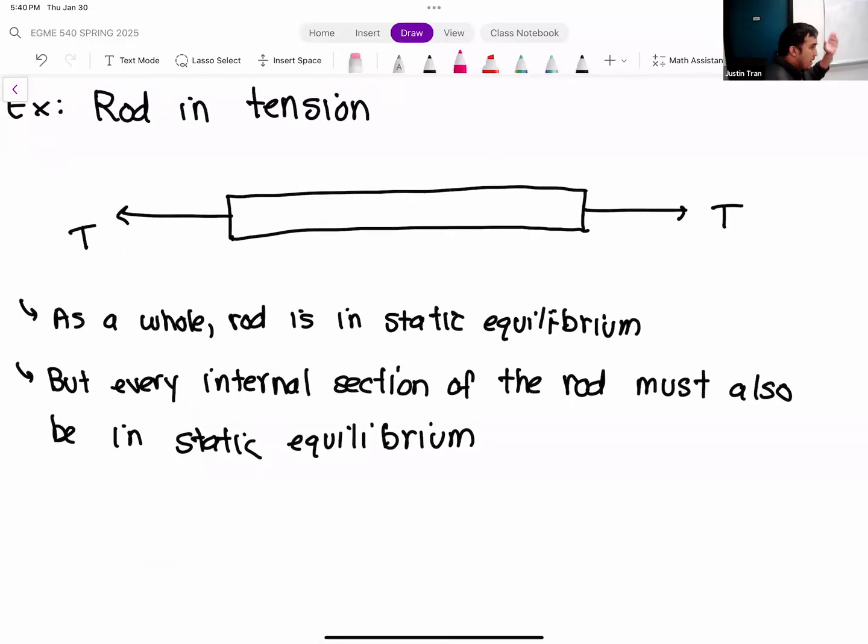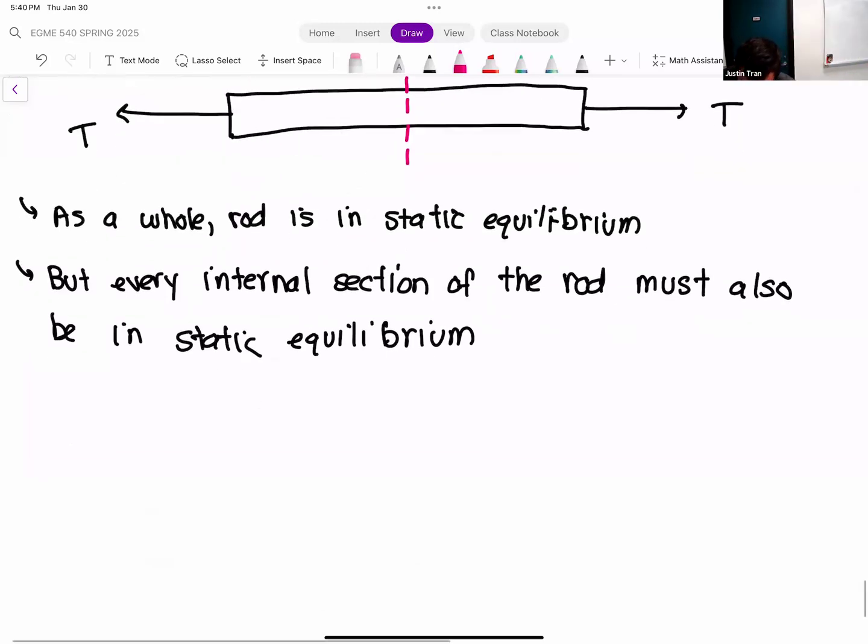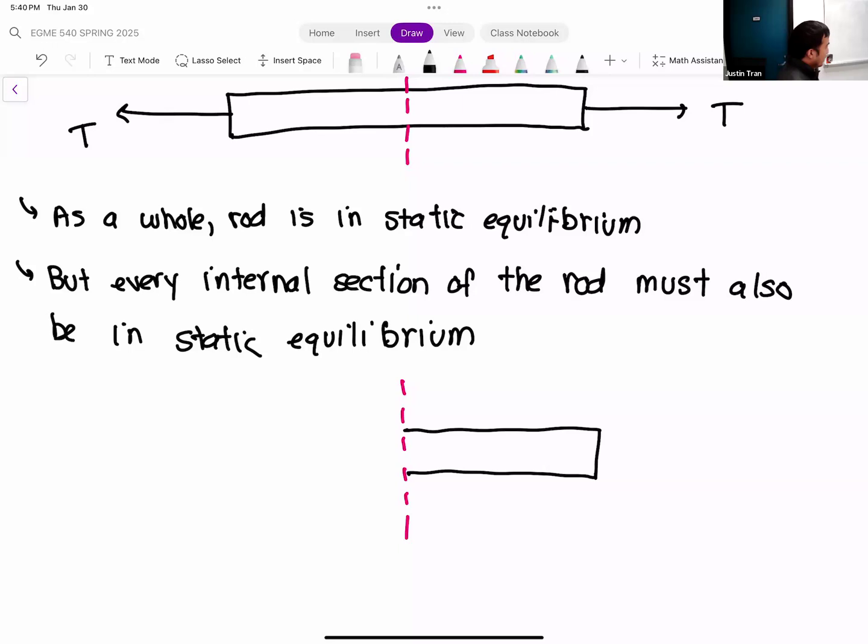Let's take an imaginary slice down this rod, right down the middle, and look at the subsystem just to the right of that cut line. Let me draw the cut line again, and let's look at this section of the rod just like that. Since we're just looking at the right side of the rod, we have to include the tensile force on the right.